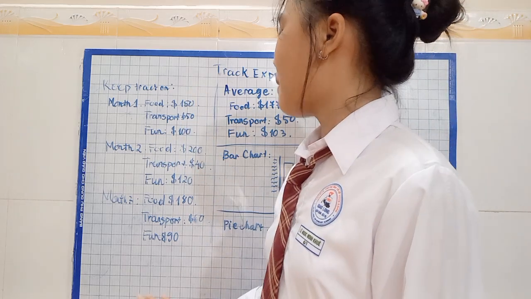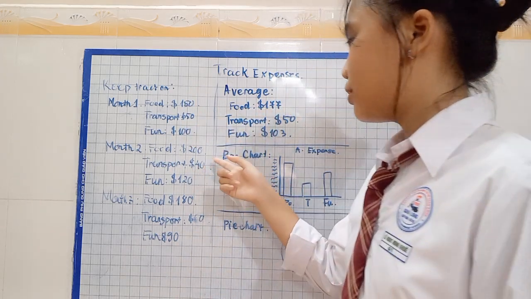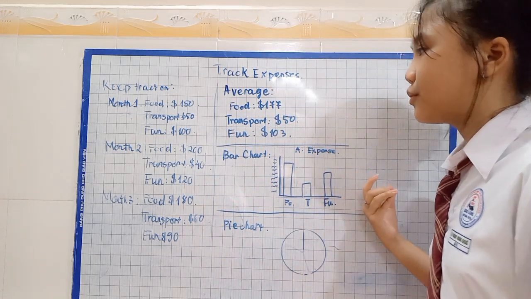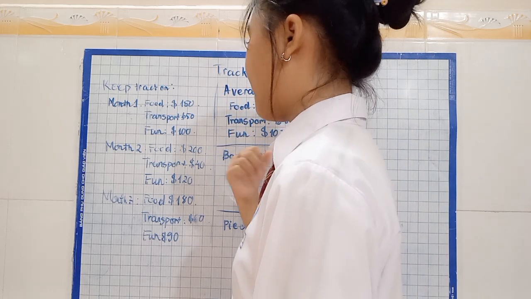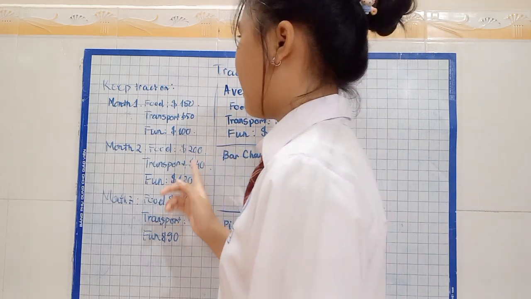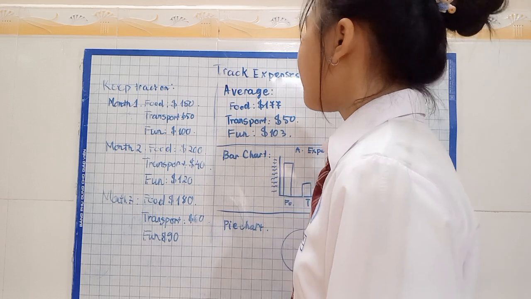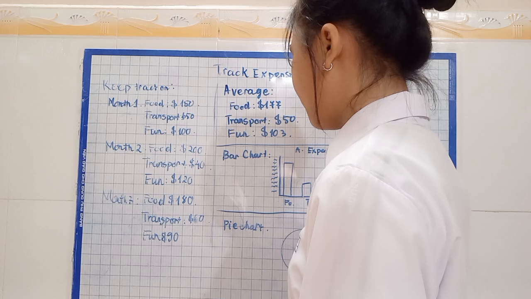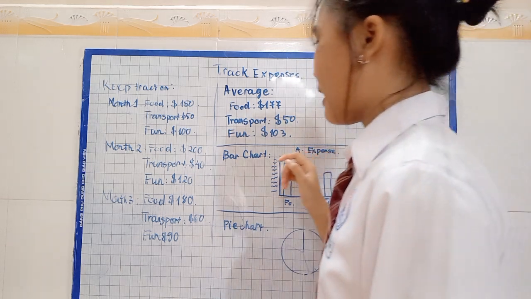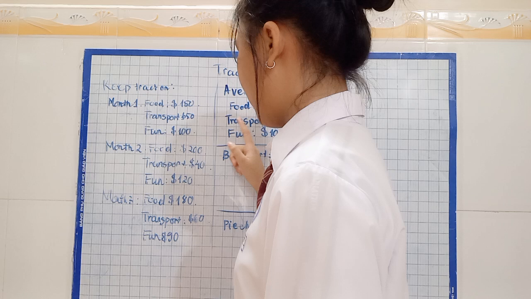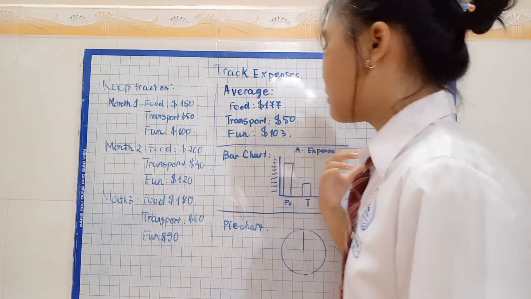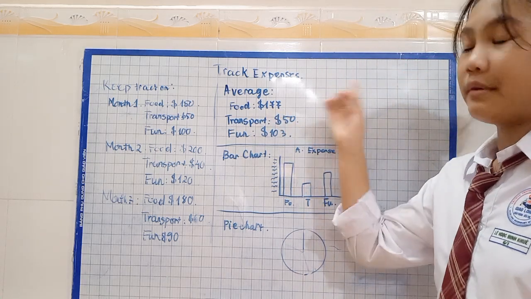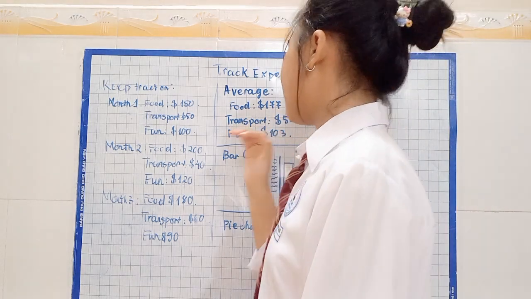For the 3 months, we have $150 plus $200 plus $180. 150 plus 200 equals 350, plus 180 equals 530. So this is our total. Now we're going to divide it by 3, and our result will be $177. Next is transportation.